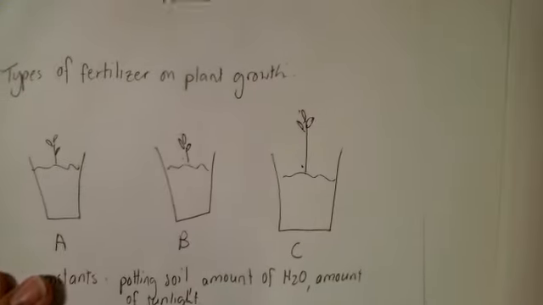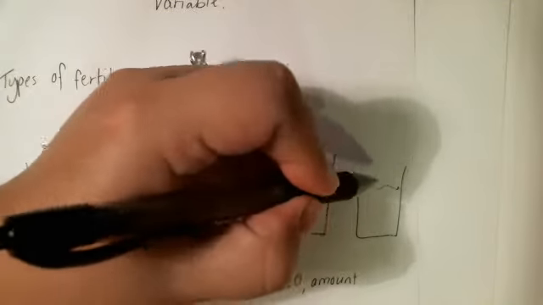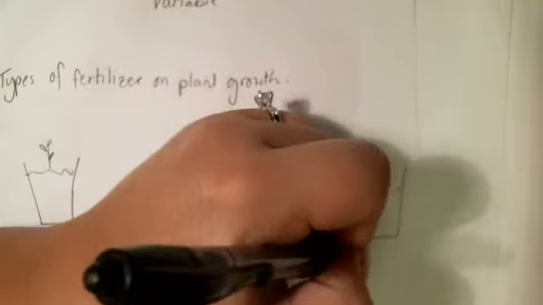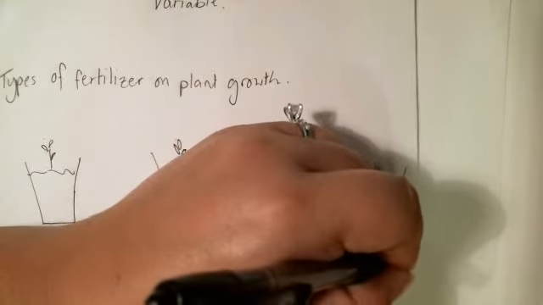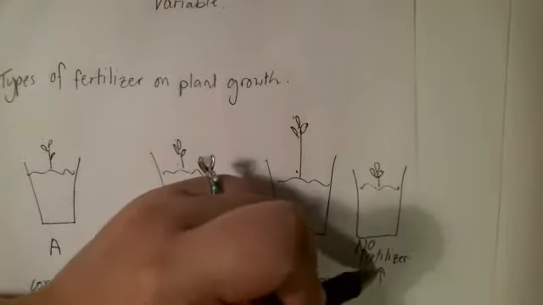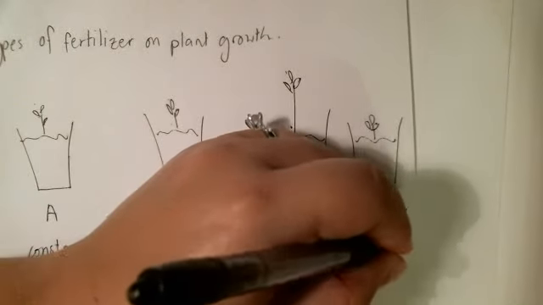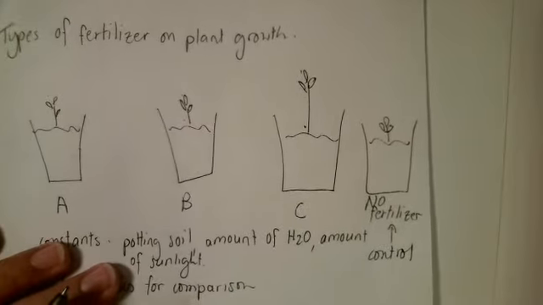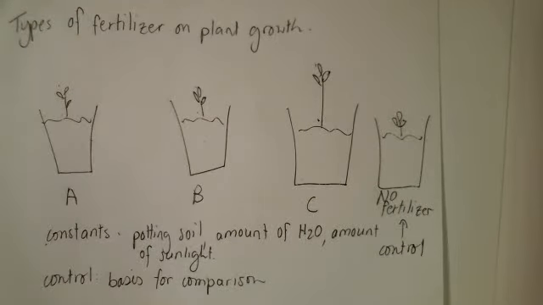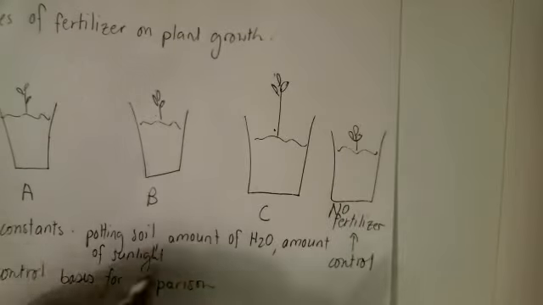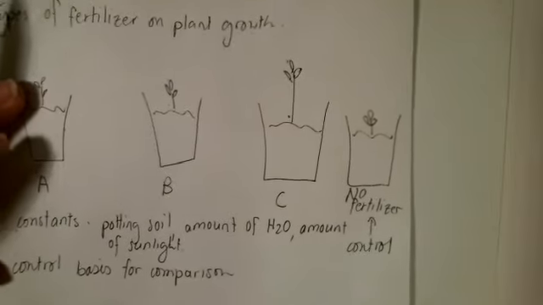So, if we were to plant another plant in a 4th pot that doesn't receive any fertilizer, so no fertilizer for this one, this pot would be our control. So we would be able to determine how well the fertilizers work on plants in comparison to a plant that receives no fertilizer.